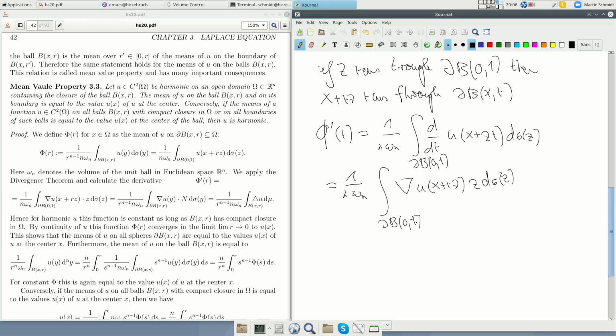And now we transform back. Since by scaling we again get n r to the power n minus 1 omega n. We get the boundary of the ball with radius r. This of course does not change.